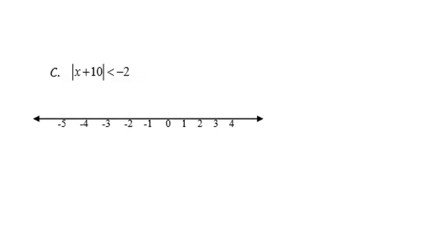Letter C, we've got absolute value signs again. So remember, we need to create 2 inequalities. This one says less than, so that means less than is an AND. So I've got x plus 10 is less than negative 2, and x plus 10.